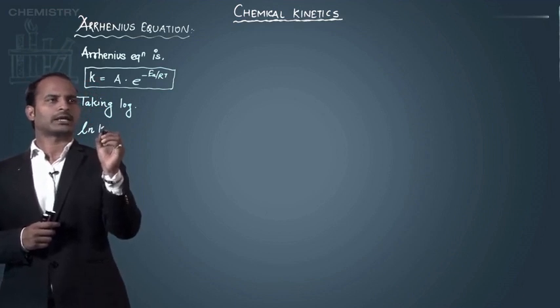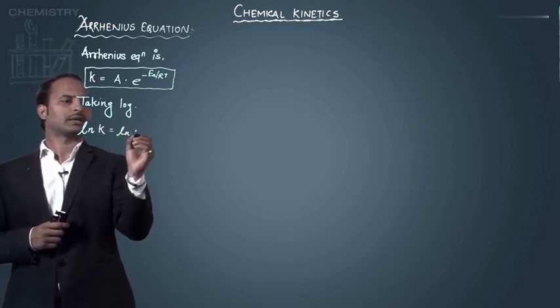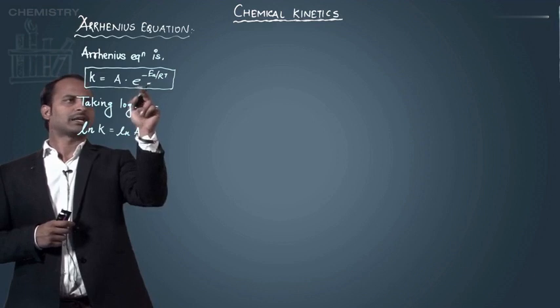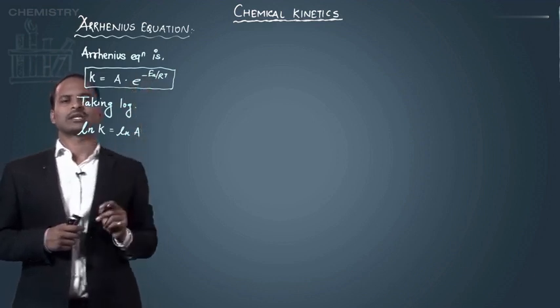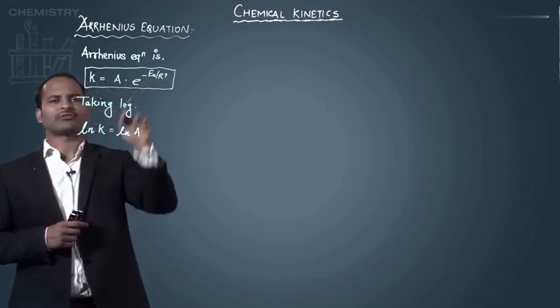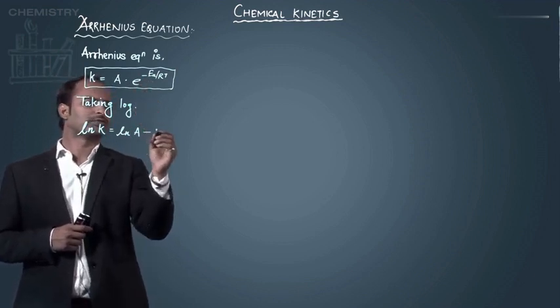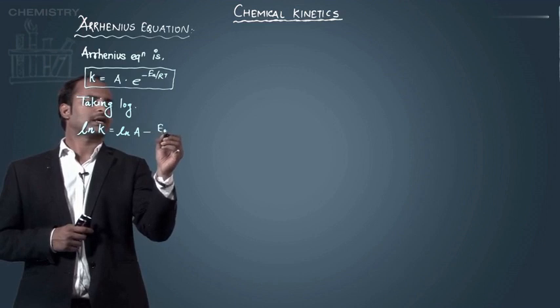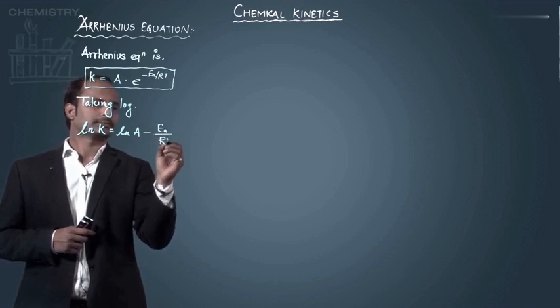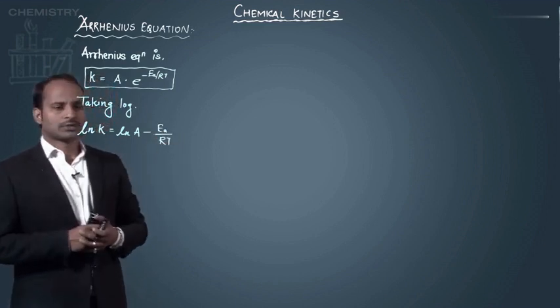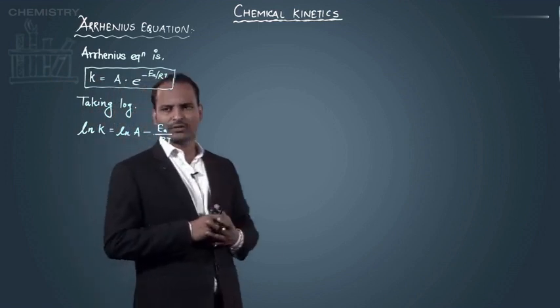So it will be ln k is equal to ln A minus Ea upon RT, because the log removes the exponential. So we have the Arrhenius equation in the log form.